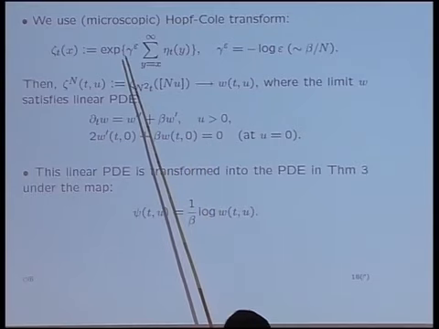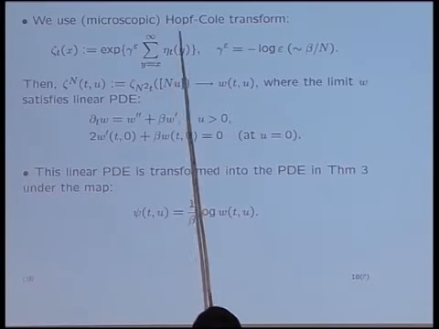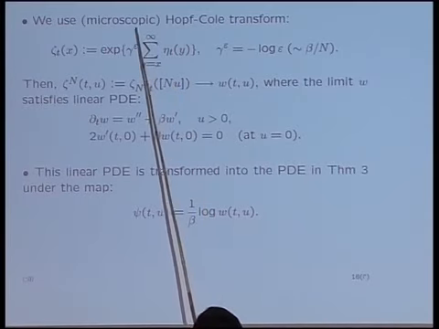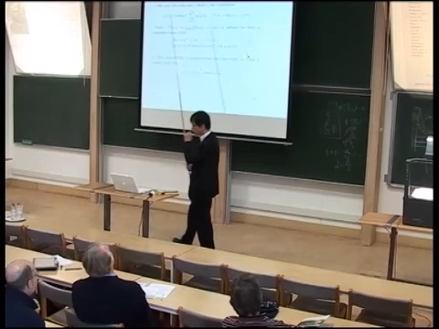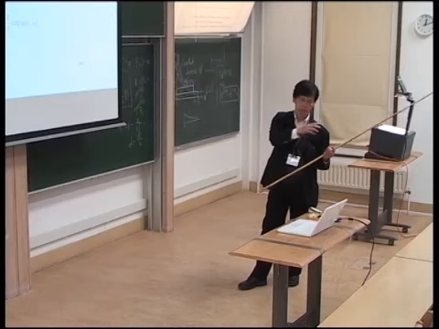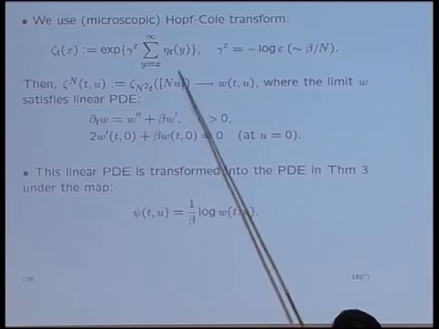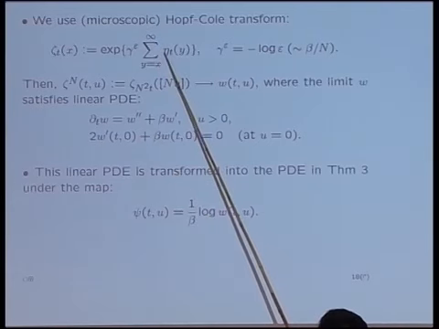What Gärtner considered is just to introduce the Hopf-Cole transformation at the microscopic level. Of course, at the macroscopic level, if you introduce the Hopf-Cole transformation, then the Burgers equation can be transformed into a linear equation. But he also introduced it at the microscopic level.